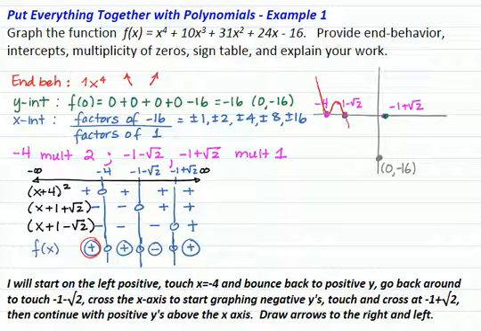I need to cross this, become negative, go through my y-intercept, come back up to the zero, and then cross to become negative and draw arrows. As you can see, the sign table also verified the end behavior. I ended up going up on both the left and the right. My graph is ready and my work is shown.